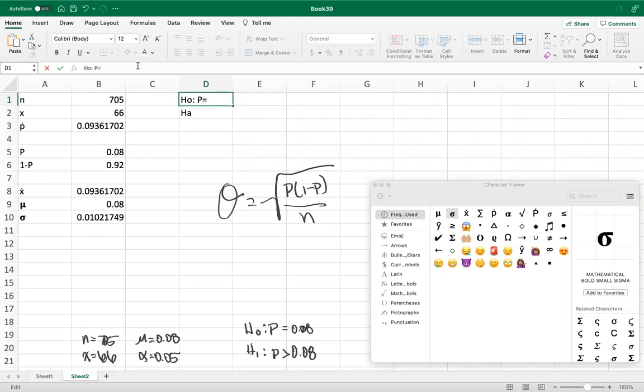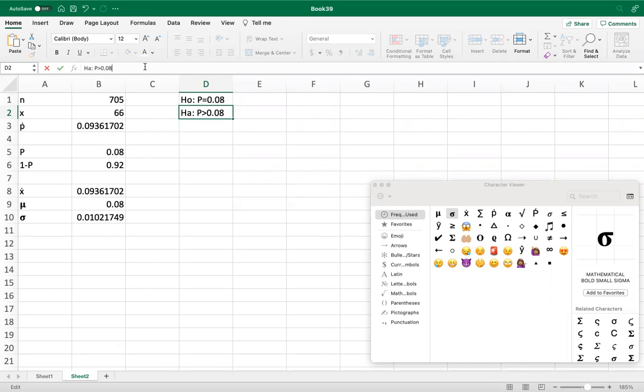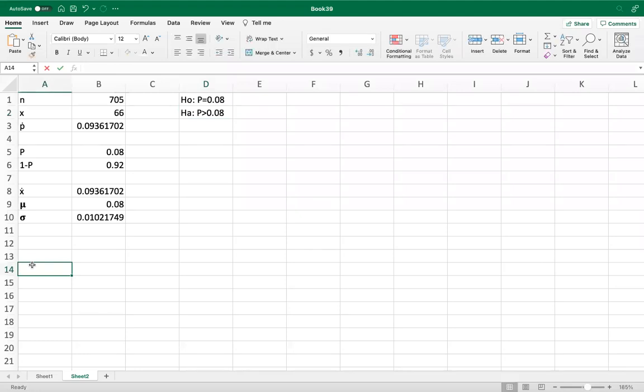P is equal to 0.08, and for the alternative, P is greater than 0.08. Now we could talk about the different approaches. We have two different approaches: the classical approach and also the p-value approach.